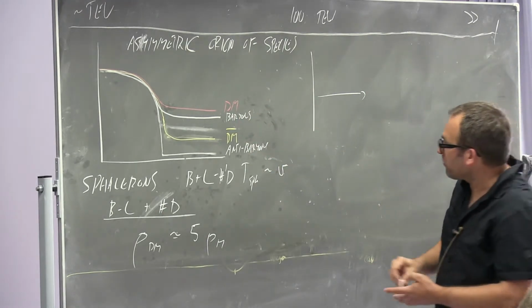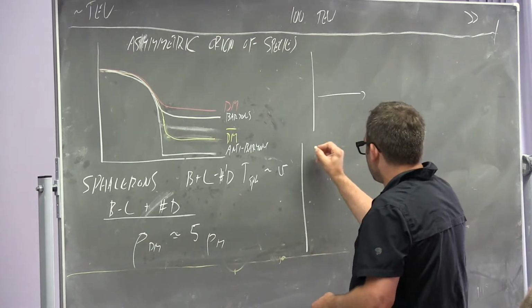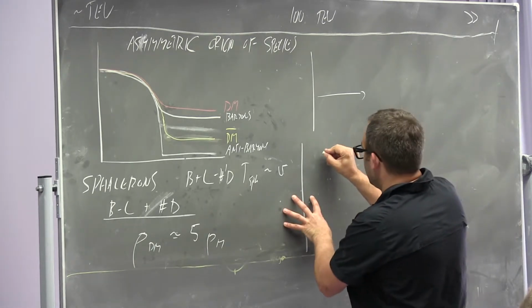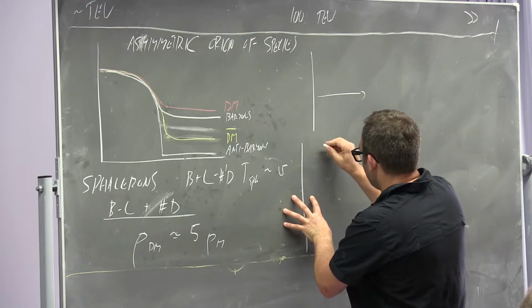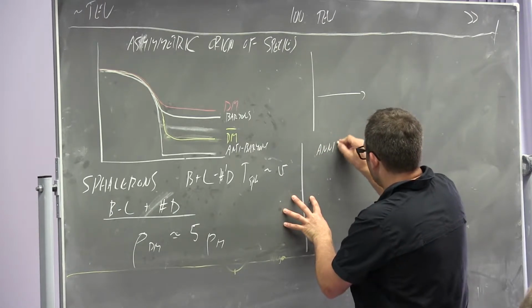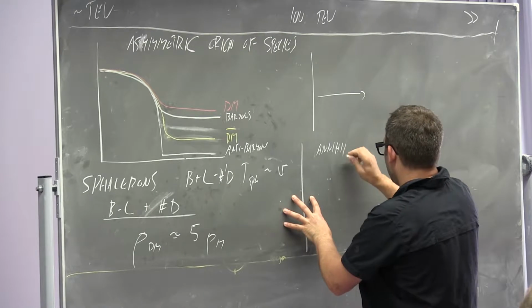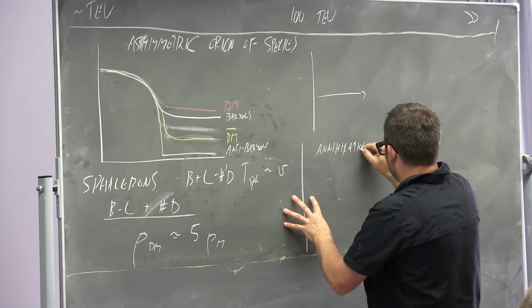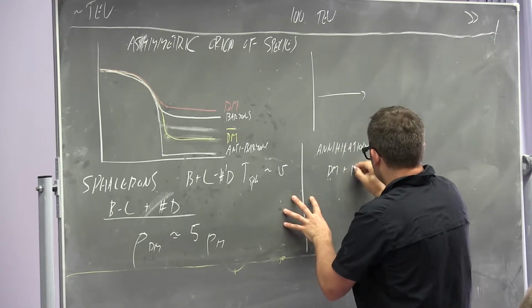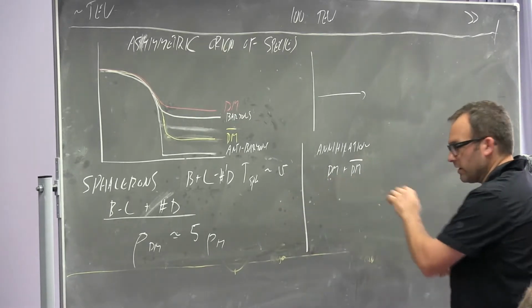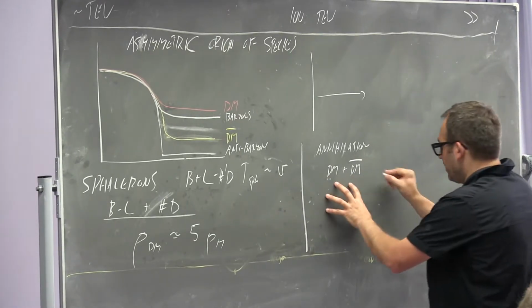So one of the requirements to make this go usually is that you need the annihilation, A-N-N-I-H-I-L, of dark matter plus dark matter bar. It has to be something that has a conserved quantum number into standard model.